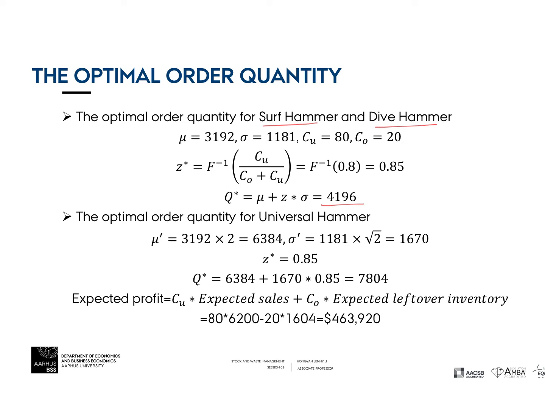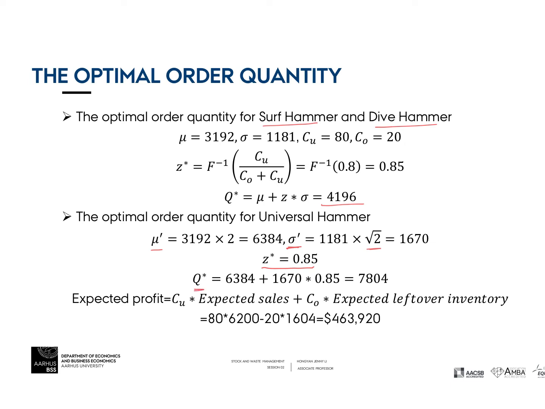We need to update the average demand and the standard deviation across the two products. When you have two products, the standard deviation will be the square root of 2 times the original, so you get a new average demand and standard deviation. The critical ratio will be the same, so the critical factor will be 0.85.